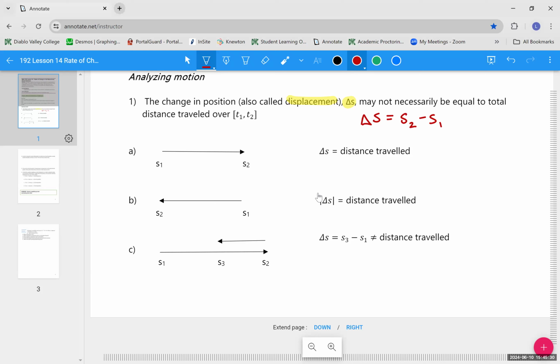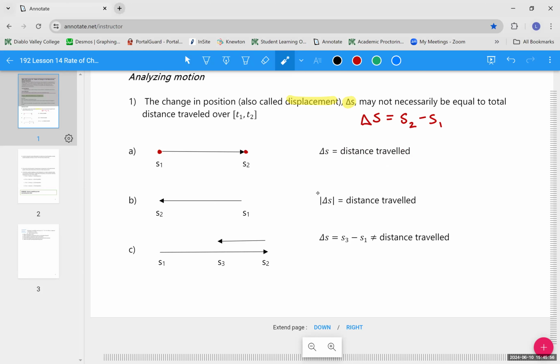So in this particular first example, if a particle or object starts at S1 and ends at S2, when you do this S2 minus S1 calculation, you're going to get a positive number because it's moved in the positive direction, and it'll just be the length of this line. So the change in position, the displacement, is equal to how far that object traveled.